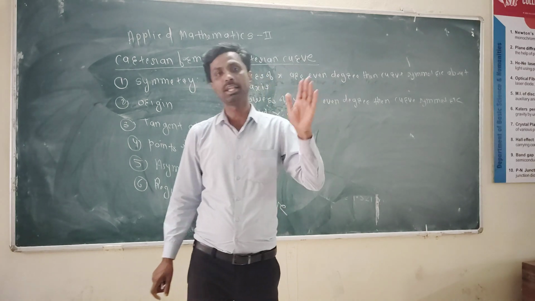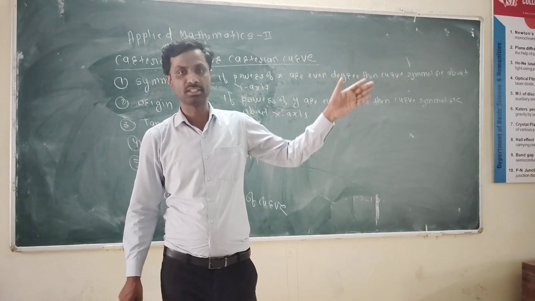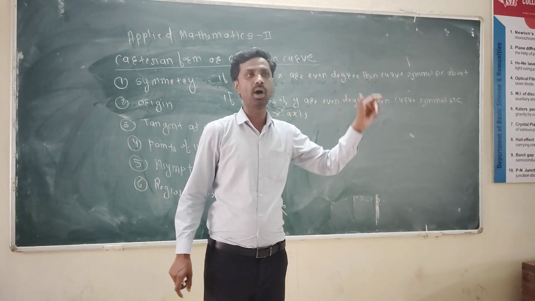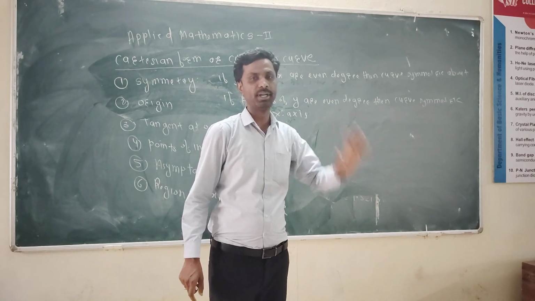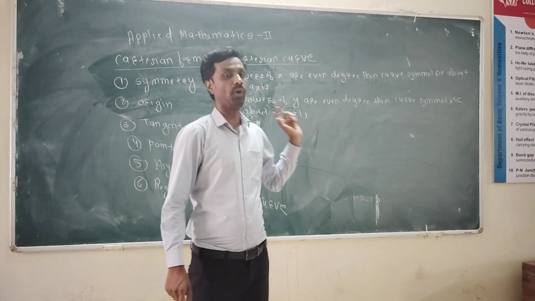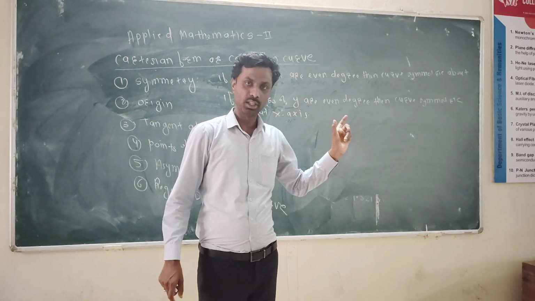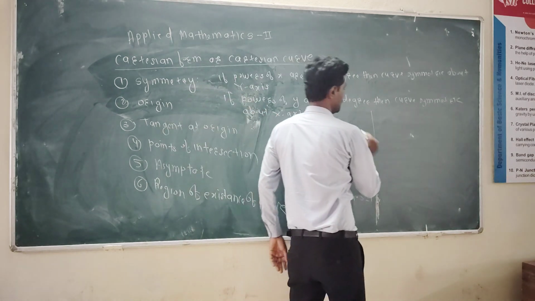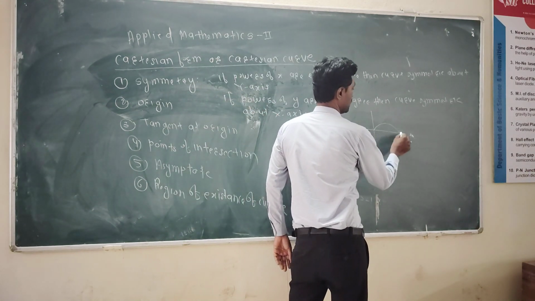If its powers are even, it means what? 2, 4, 6, then the curve is symmetric about the y-axis. And if all powers of y are even degree, then the curve is symmetric about the x-axis. Again, if powers of x and y are even, then the curve is symmetric about both axes. We will see. This is the x-axis.